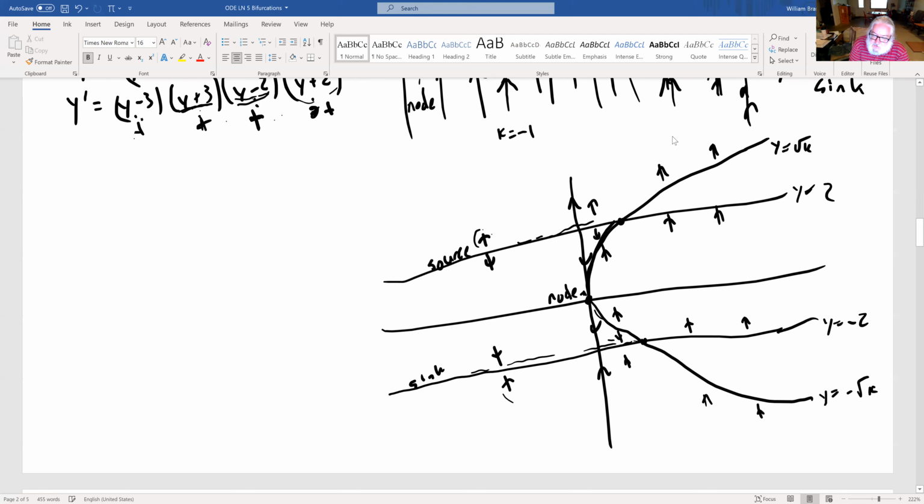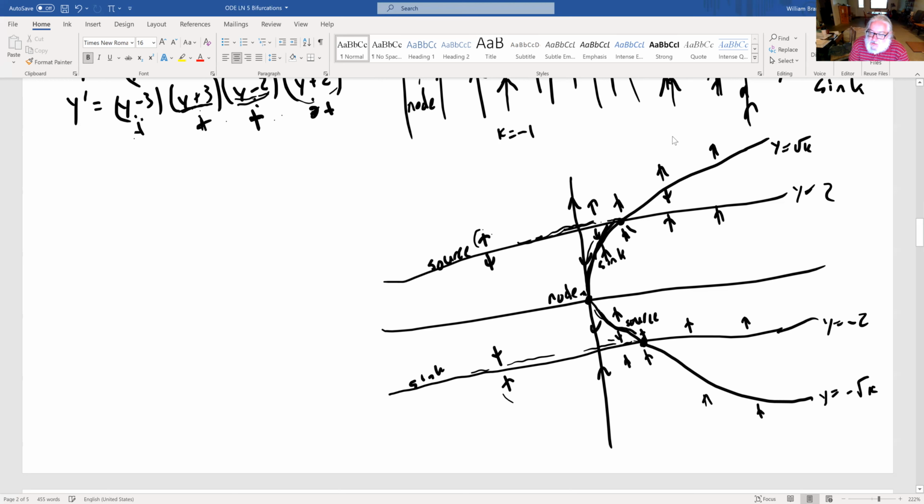This stays as a source, y equals 2, all the way to here. This starts out as a sink, right? Because everything's going into it. This starts out as a source. These two are nodes because we're going up here, up there, and up there. So that's a node and that's a node.